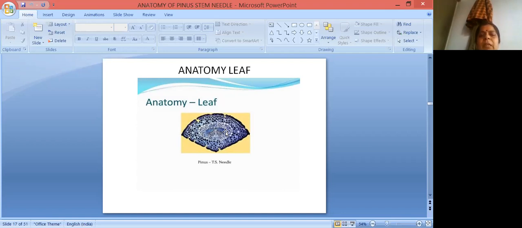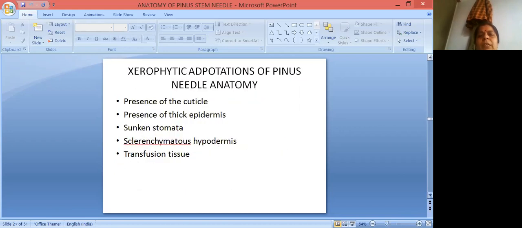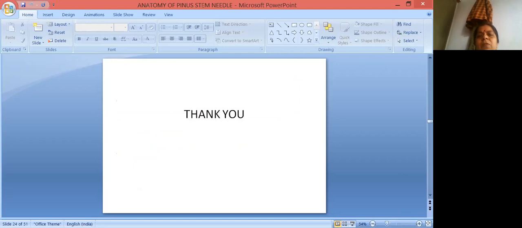So this is about the leaf anatomy. And coming to the main important characters, what are the xerophytic adaptations, if we go through them once again. Presence of a thick cuticle is the first point of xerophytic adaptation.